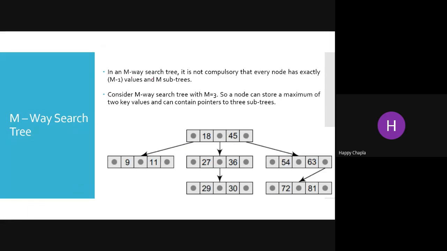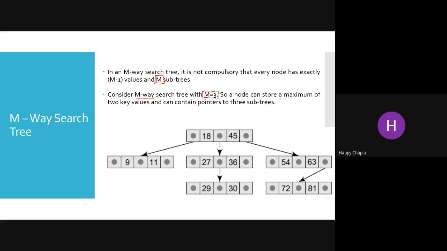Now in an m-way search tree, it is not compulsory that every node has exactly m minus 1 values and m subtrees. m that means कितनी वैल्यूज आप इंसर्ट करना चाहते हो. ठीक है, now consider m-way search tree with m equals to 3.